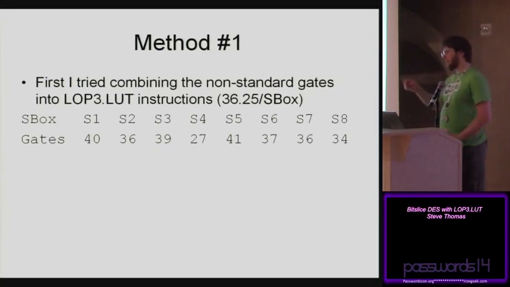I can just combine those into one lookup table operation. So doing that reduced it to 36 1/4 on average. So that would be the gate counts in the S boxes for each one.